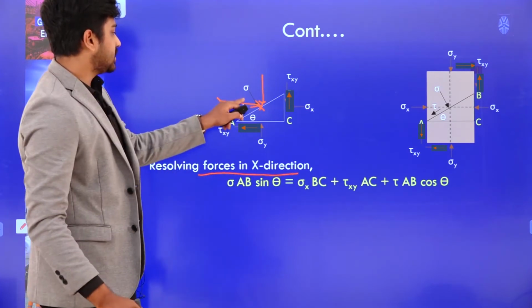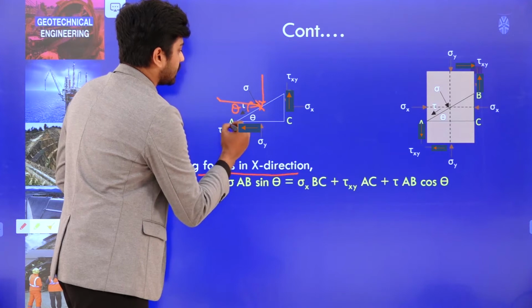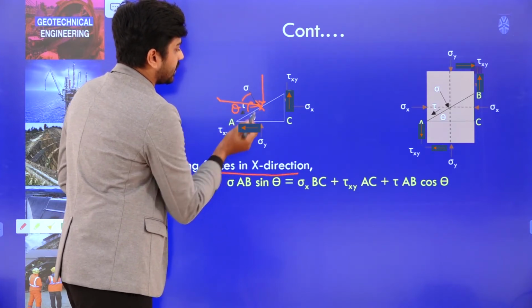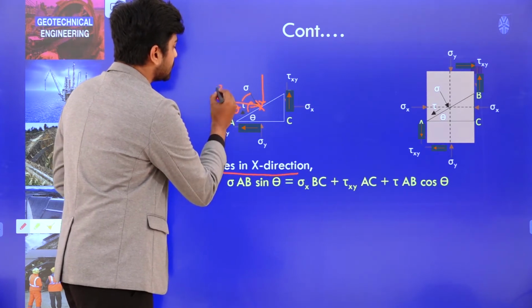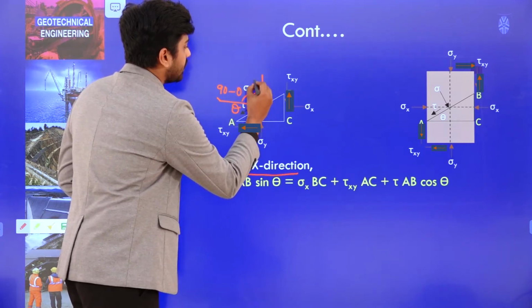If this is theta, then this will also be theta, and the angle between sigma and the horizontal line is 90 minus theta, therefore this angle will again be theta.